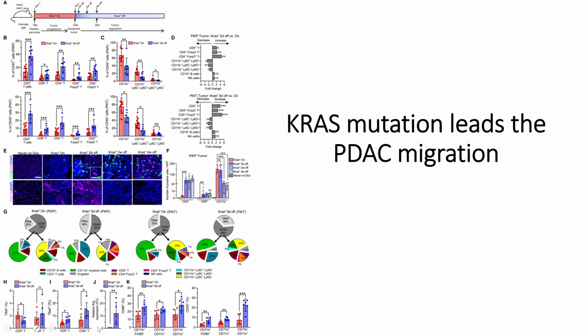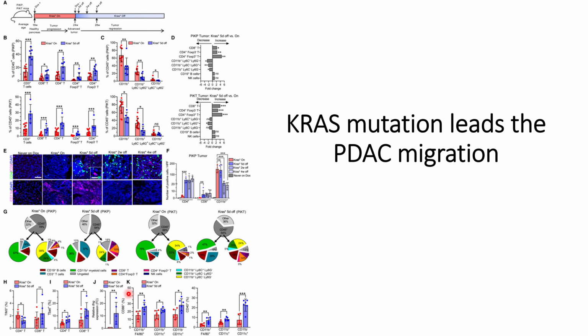Then thereafter they check the relative expression of the immune cells, the relative IFNG expression through flow cytometry, and they can see that when the KRAS is on, it's almost negligible compared to the case when the KRAS is off.